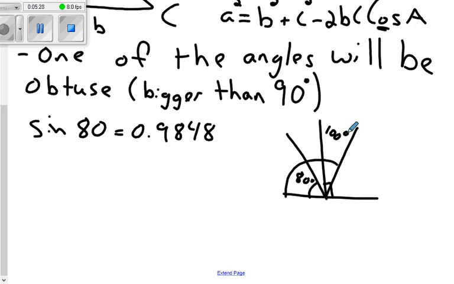So now let's look at sine of 100. Right, it's the exact same thing.